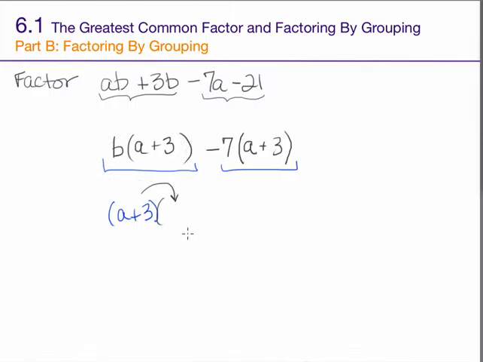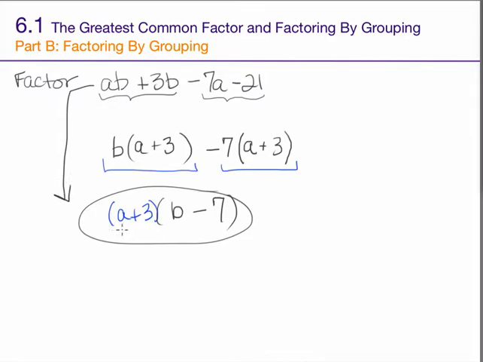I have to multiply it by B. And what do I have to multiply A plus 3 by to get this term? I have to multiply it by -7. This is my answer. This expression has been factored by using grouping.